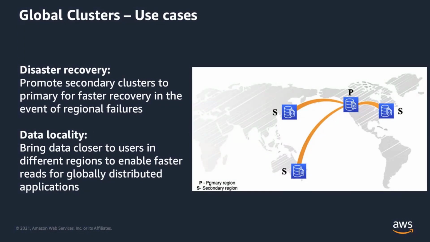And this makes it ideal for DR or disaster recovery use cases. You can also bring data closer to the users in different AWS regions to enable faster reads for globally distributed applications. So you can use global clusters for those data locality use cases and help with low read latencies. Let's dive deeper into these use cases now.